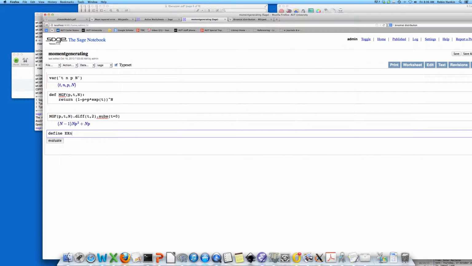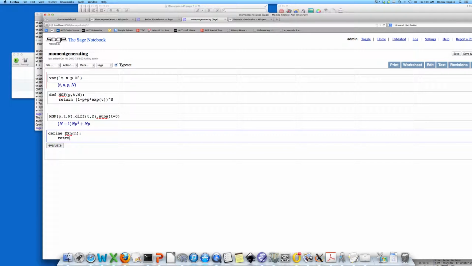Define that as a function of little n, which returns the moment generating function of p, t, capital N, differentiated with respect to t little n times. I said I'd need that. So we're going to differentiate it n times, and then substitute t equals 0.